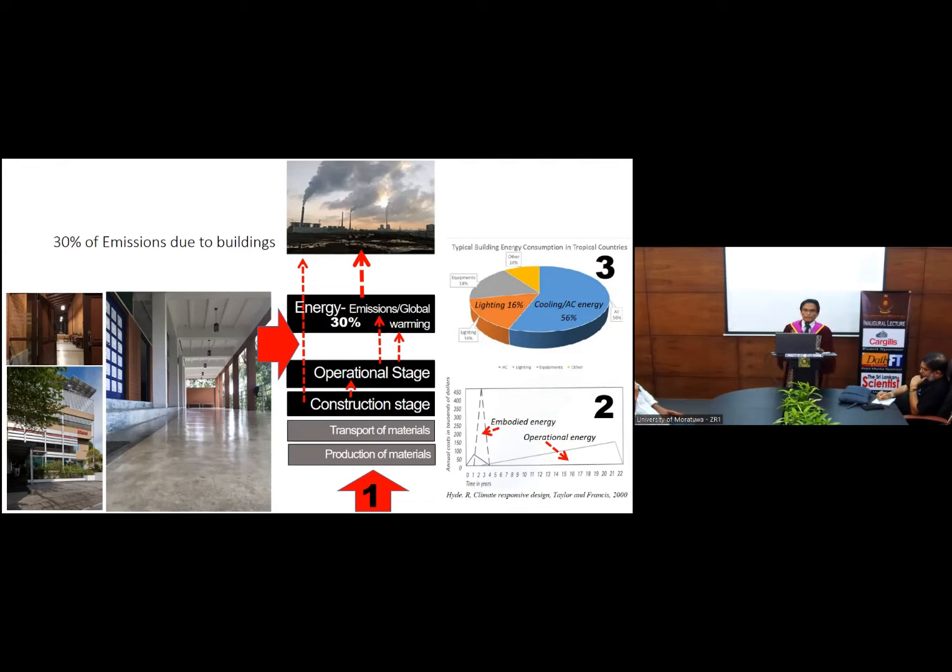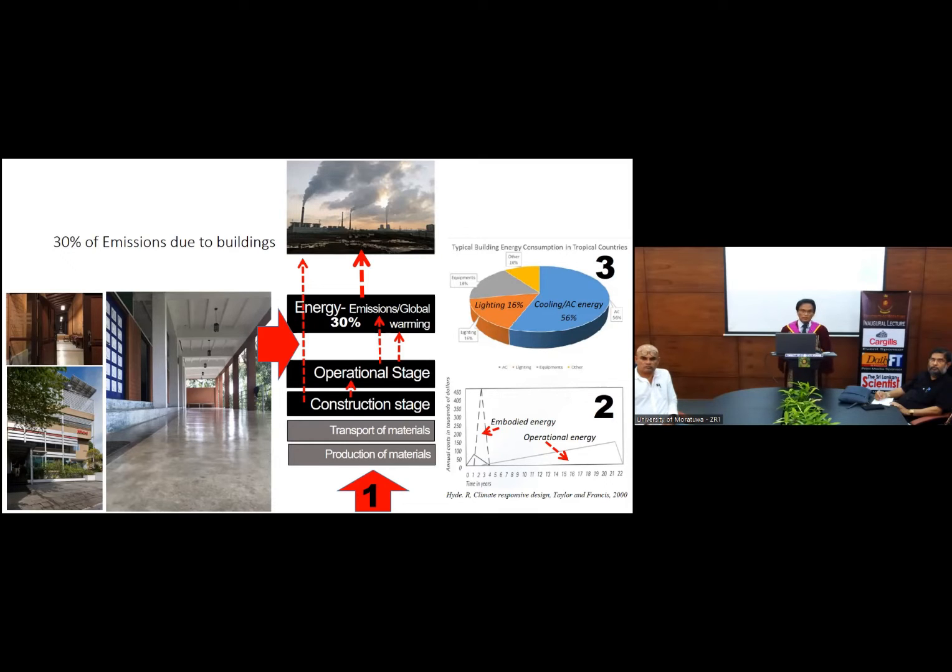So graph 2, the picture 2, shows the comparison of embodied energy and operational energy. You can see that there's a certain amount of embodied energy in the early years, but the operational energy component increases over time. So there's a huge difference between embodied energy and operational energy. And if you divide the operational energy and look at it in detail, graph 3 shows how it divides for cooling and lighting.